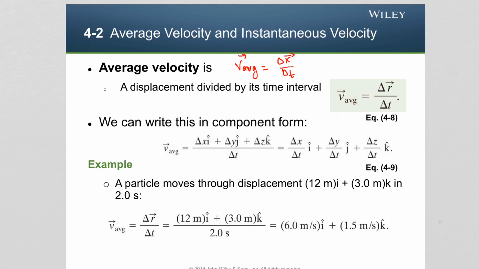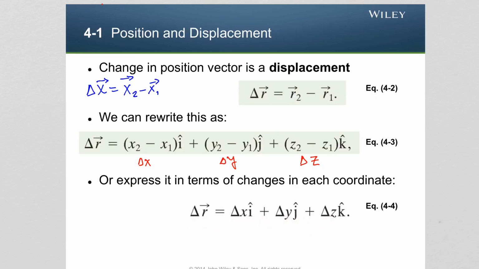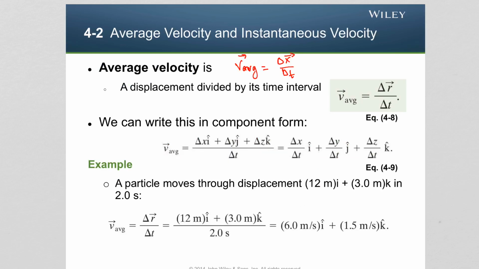So the average velocity becomes the displacement in 3 dimensions divided by the elapsed time. And so if I replace delta r here with its equal from the previous page, the average velocity becomes delta x i hat plus delta y j hat plus delta z k hat, all of that divided by delta t.